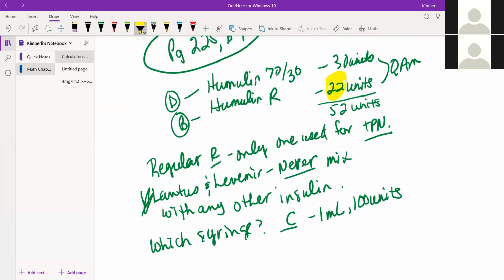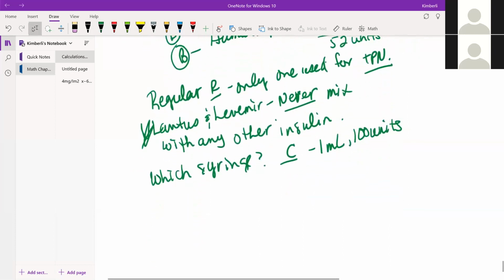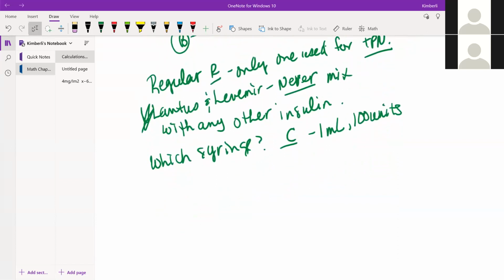Okay, so they're getting 22 units of Humulin R. And they're also getting 30 units of the 70/30. And of those 30 units, 30% of it is R.